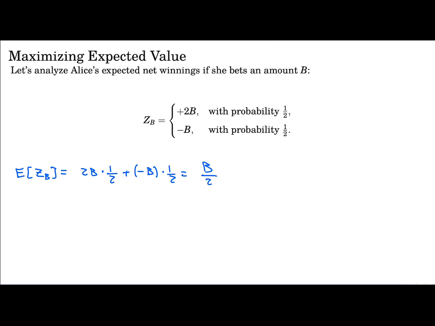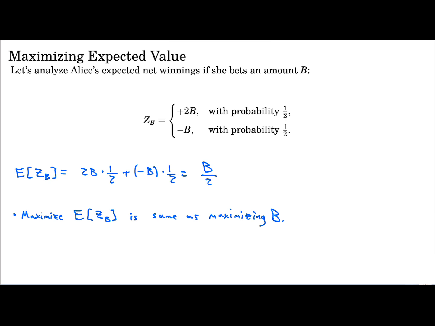What this means is that maximizing the expectation is the same as maximizing B. So from this point of view, if Alice's only goal is to maximize the expected winnings every time, she should just bet as much as possible.